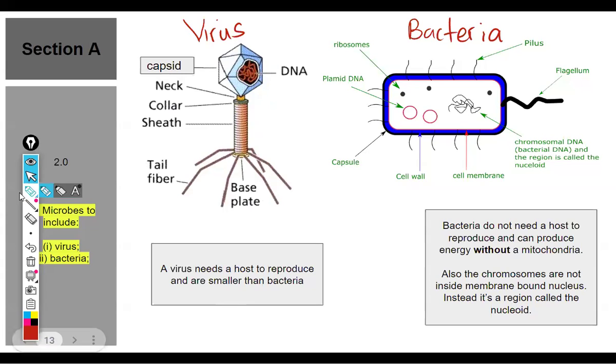The major difference between the two of them is the bacteria is alive and the virus is not alive. Bacteria can actually reproduce on its own, right? For a bacteria to make a copy of itself, it doesn't need anybody's help. What bacteria usually do is just split into two.